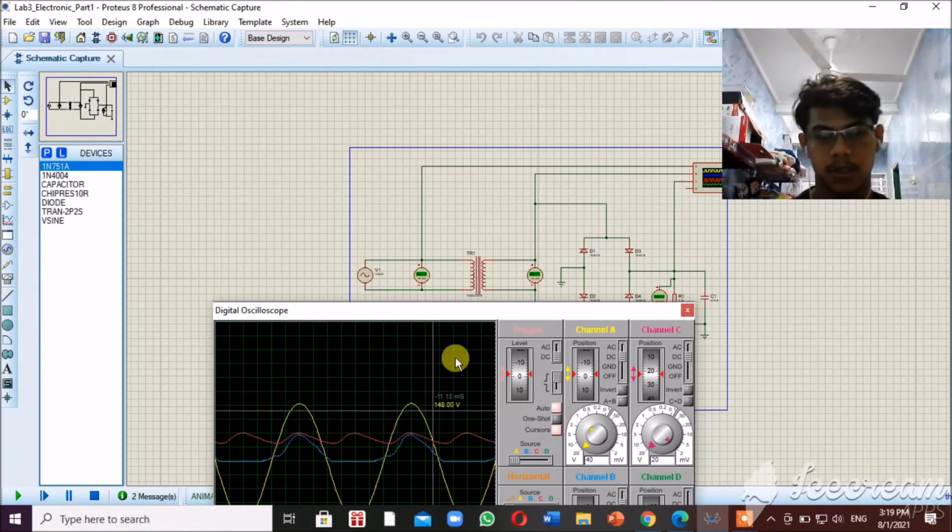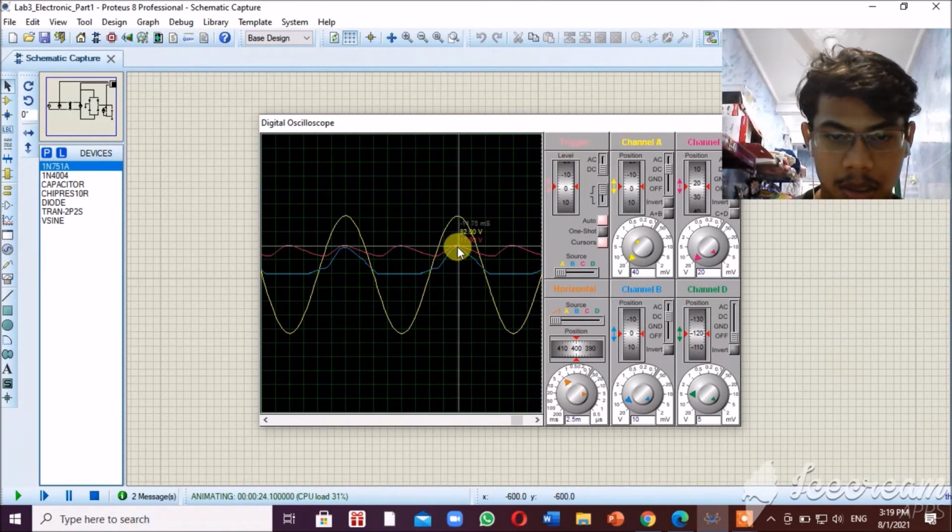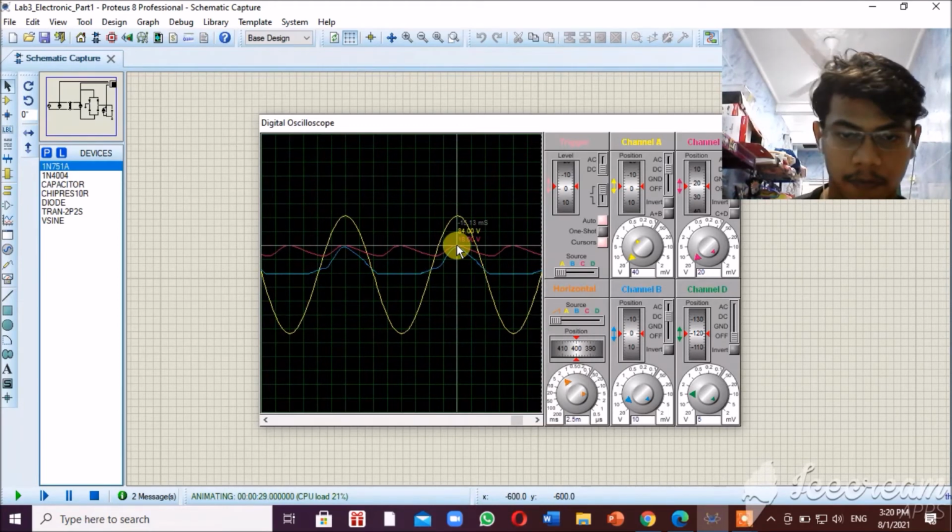You can see the VR peak to peak is about 18 volt, and the blue one is 18 volt.